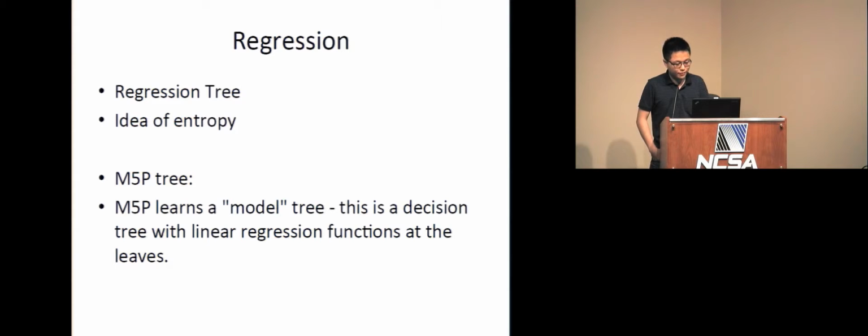And also we use the M5P tree, which is like a better version of linear regression. In many science applications, people use linear regression, but for M5P, we first split the dataset into different sets, use entropy, and then we do linear regression on different sets.